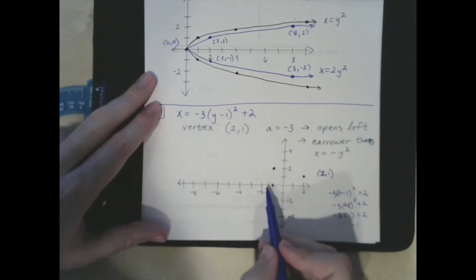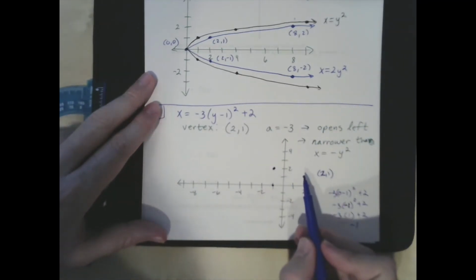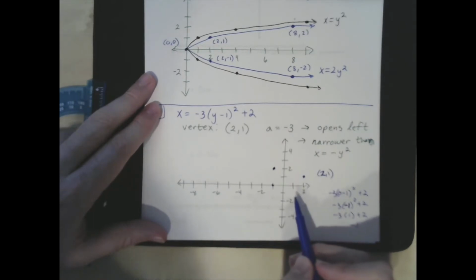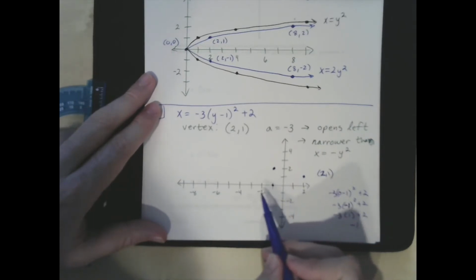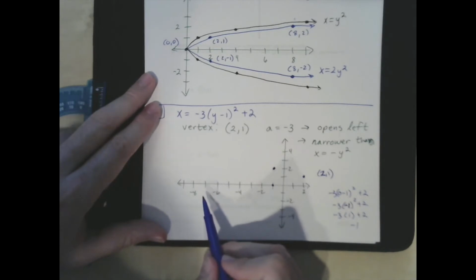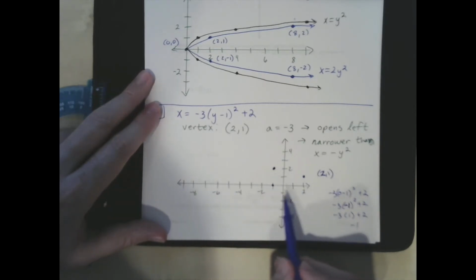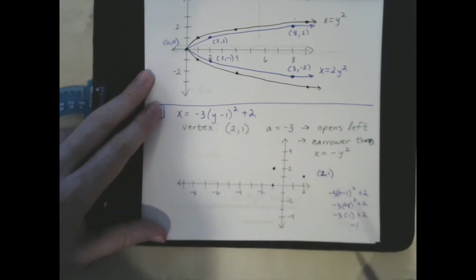And then we can do this again. So if this was the standard parabola, we'd be over 2, up 1, 2, 3, 4. This is being multiplied by 3. So it should be times 3, way over here. But again, my y value is negative 1 here.